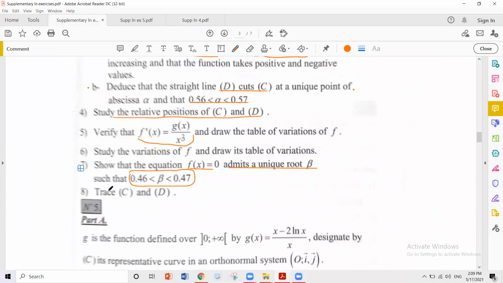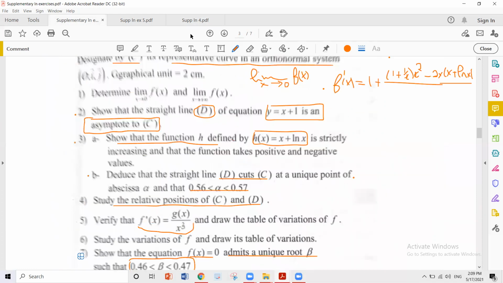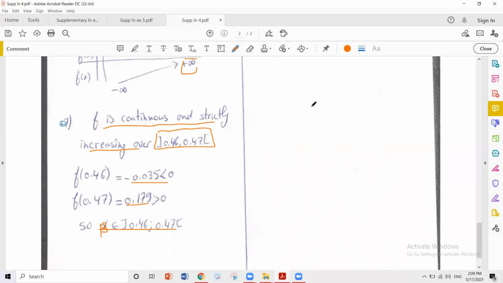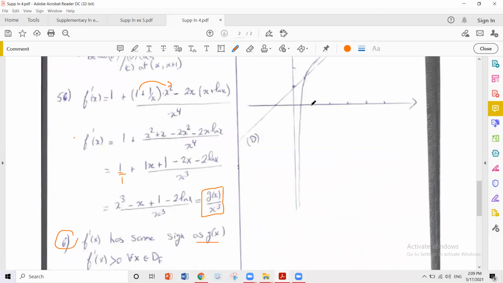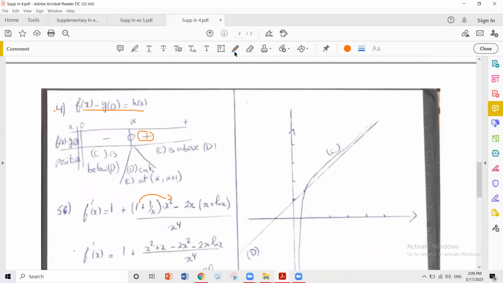The last part, trace C and D. First, let's trace D. D has the equation y equals x plus 1.